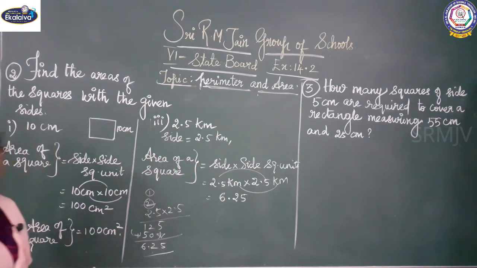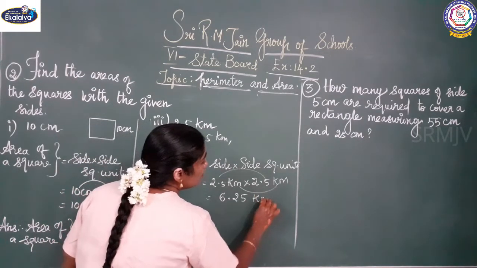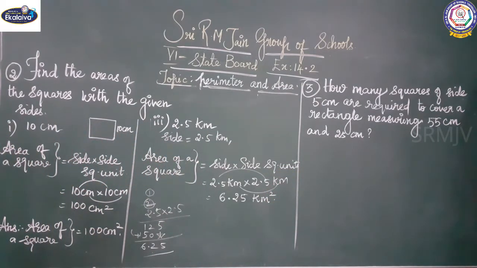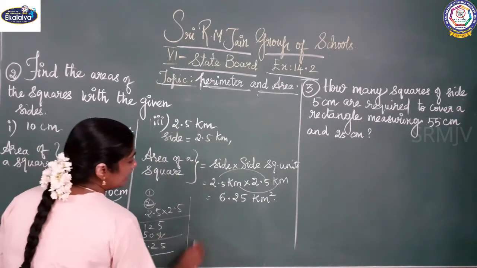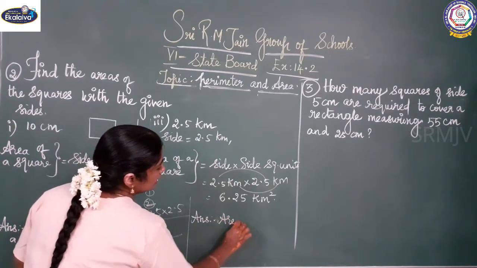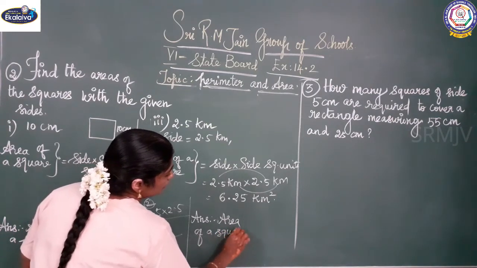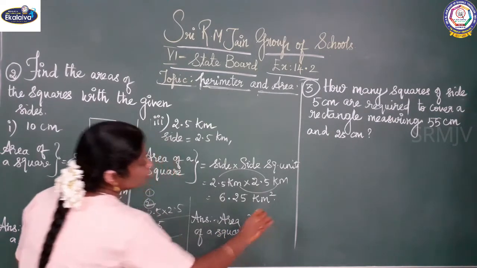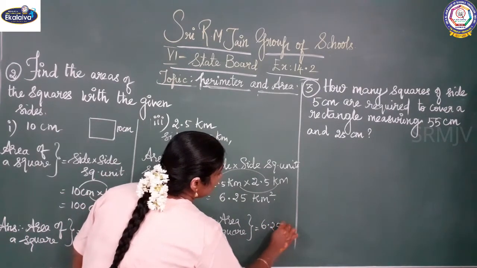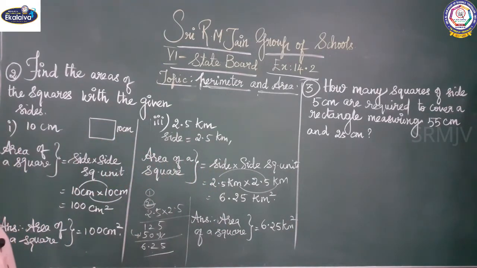Kilometer into kilometer, when I multiply, it is what? Kilometer square. Can you understand this? Now I am going to write the answer. Area of a square is equal to 6.25 kilometers square. Any doubt in this, children?